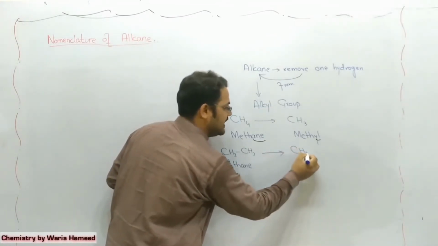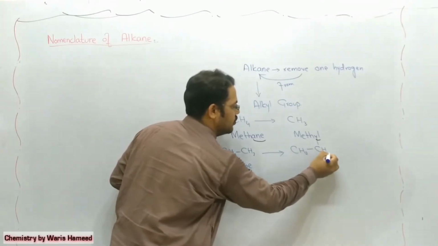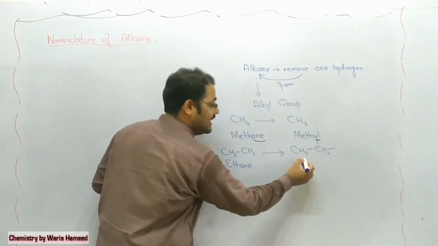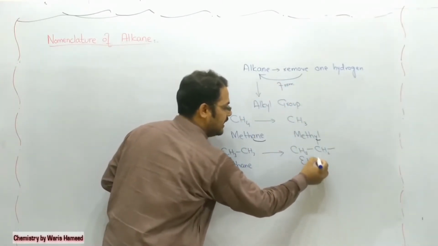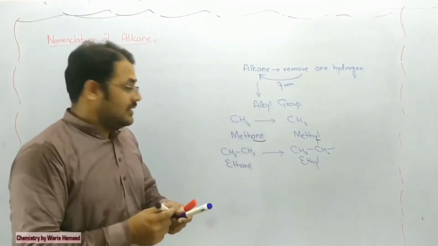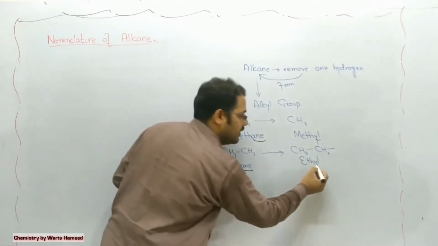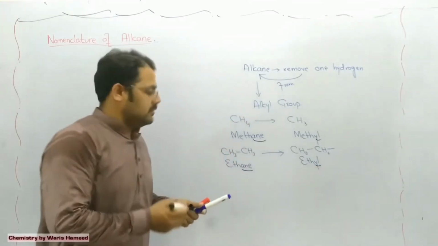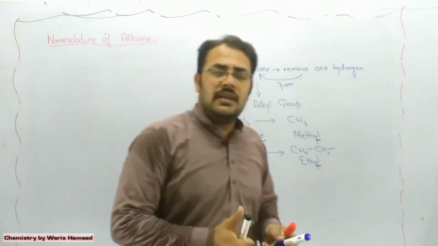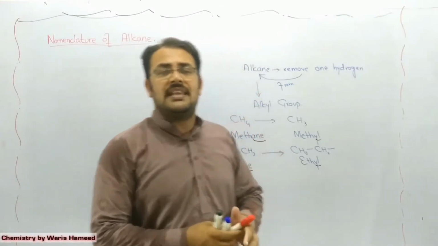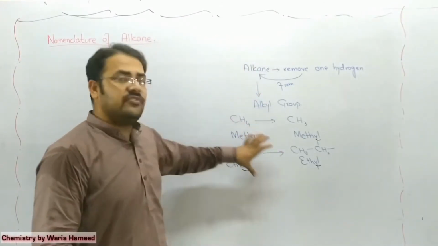Now it forms CH3 CH2, it's ethyl. Now look again that A and E is being replaced by YL. It is the easiest way in which we just replace A and E of alkane with YL.